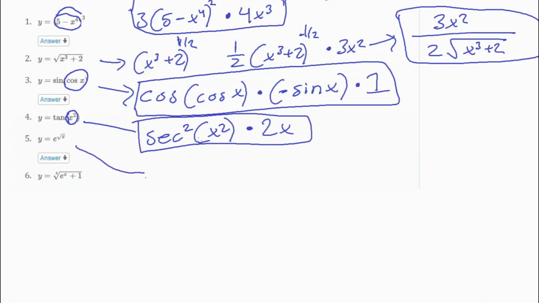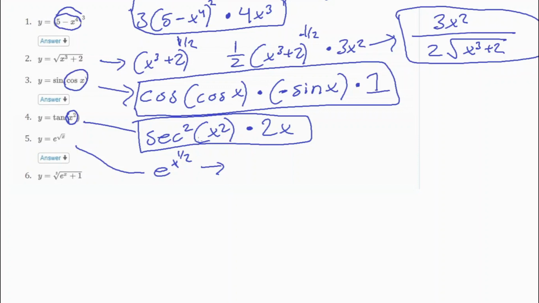And now we have the derivative of e to the x to the half power. If you remember, the derivative of e to the power of x is going to be e to the power of x, multiplied by the derivative of the exponent, which usually, if it's e to the power of x, is going to be 1, so we don't really write that.